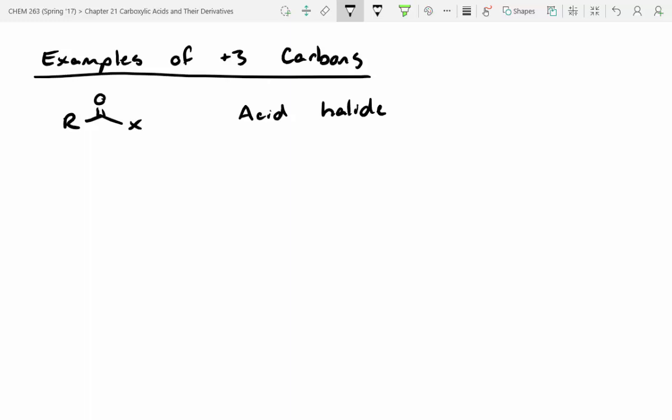So the X can be usually chlorine or bromine. Why don't we have an iodine on there? It's not strong enough. It's actually such a strong acid halide, it falls apart if you look at it funny.